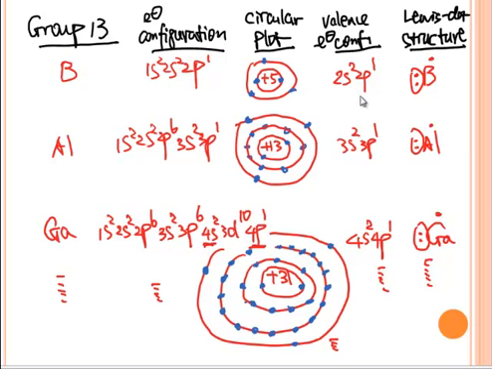However, the valence electron configuration is 2s2 2p1 for boron, 3s2 3p1 for aluminum, and 4s2 4p1 for gallium. Also, when you translate the ground state electron configuration to valence shell orbital notation, you will see it's a pair and a dot, a pair and a dot, a pair and a dot. Similar pattern. It keeps on going.